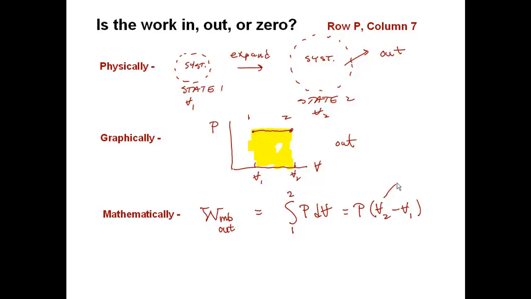V2 is larger than V1. So clearly this quantity here will be a positive quantity, and since our defining relationship is defining out as a positive quantity, we conclude once again that the work must be out for this process.